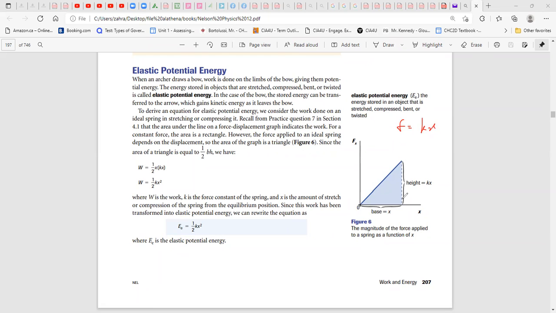This is the y component, which is your F, which is kx. And from here to here is x. So the area is kx multiplied by x divided by 2, which is half kx squared. So the elastic potential energy stored in a spring by stretching or compressing it is half kx squared.